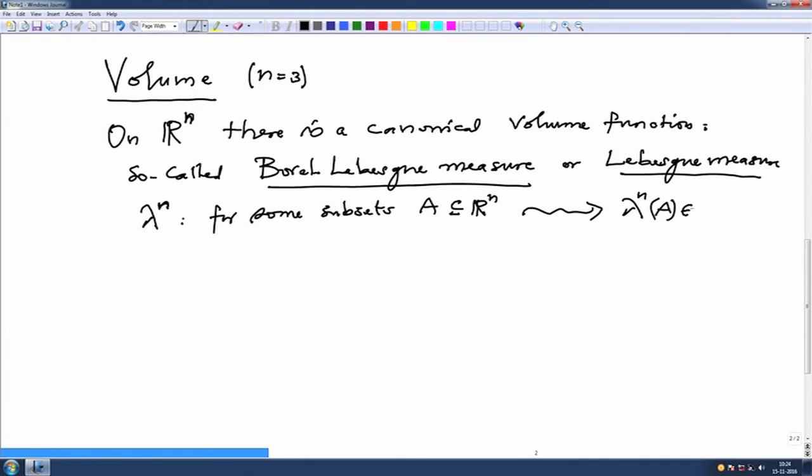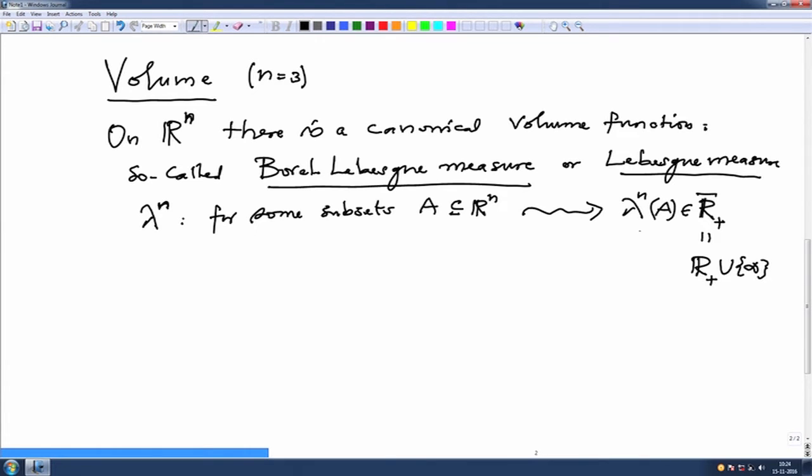The notation for that is R bar plus. R bar plus is by definition R plus, the non-negative real numbers, and along with that the symbol infinity.